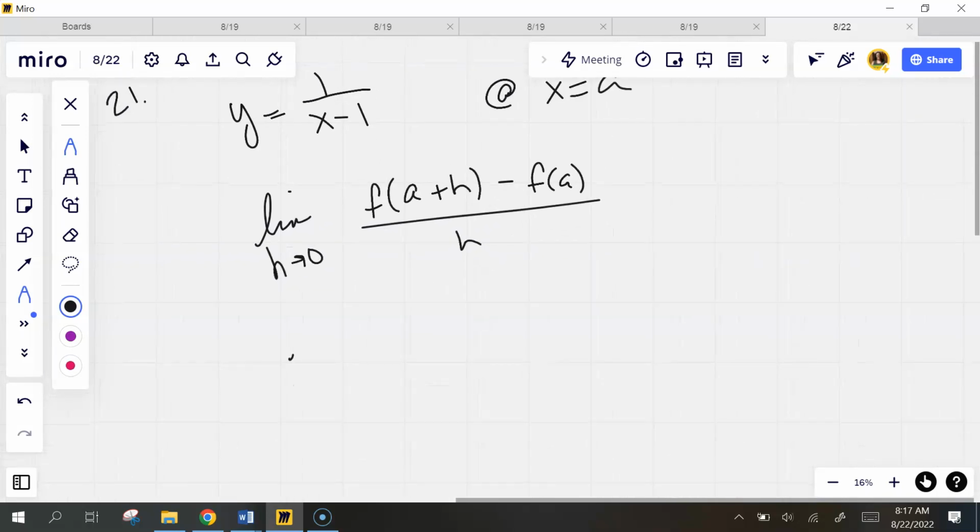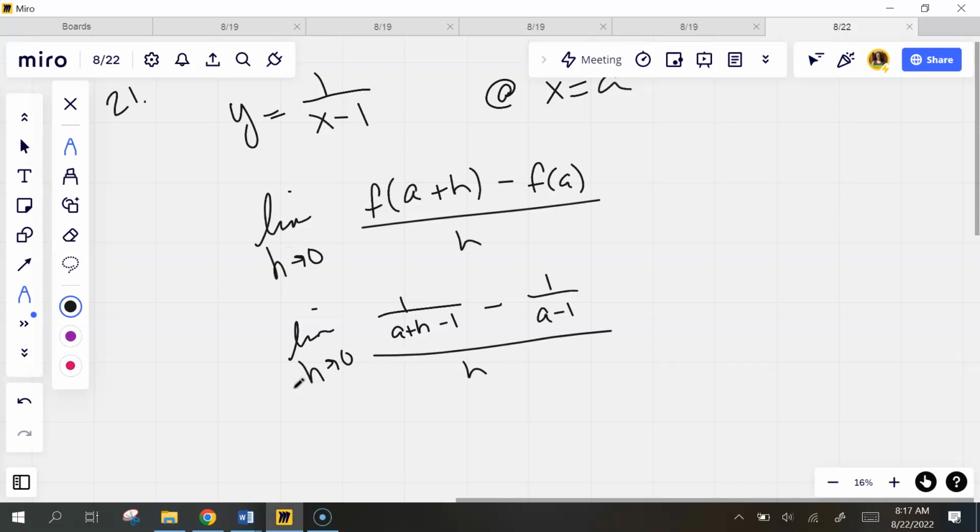Okay, so the limit as h goes to 0, 1 over a plus h minus 1 minus 1 over a minus 1. Any ideas what I need to do?